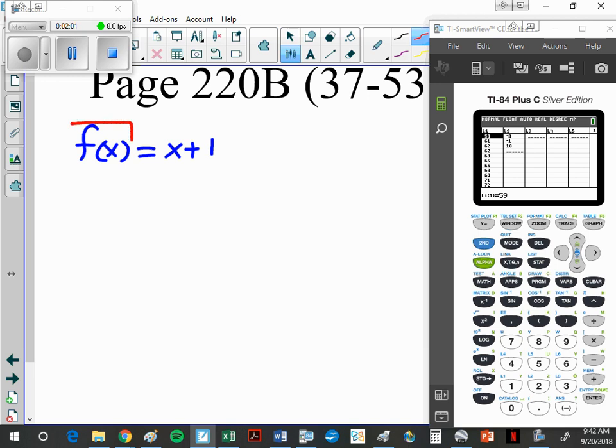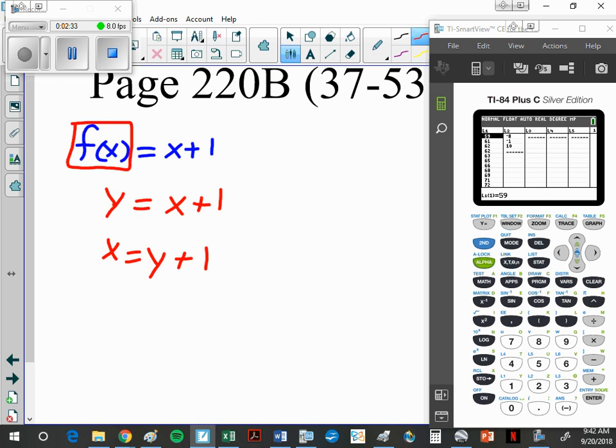F of x is also known as y. So y equals x plus 1. I want to turn every single x value into y values and every single y value into an x value. So all I do is I change this into x equals y plus 1. Now I have switched them, but there's a problem here.